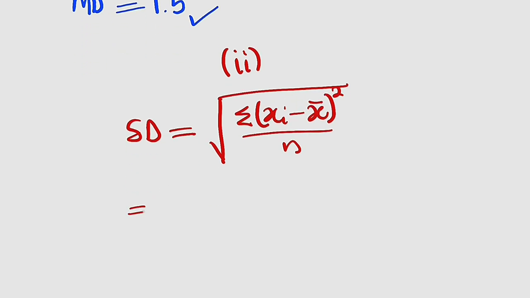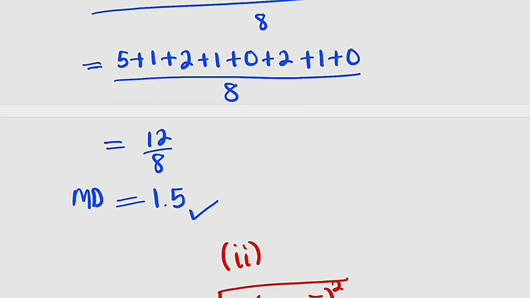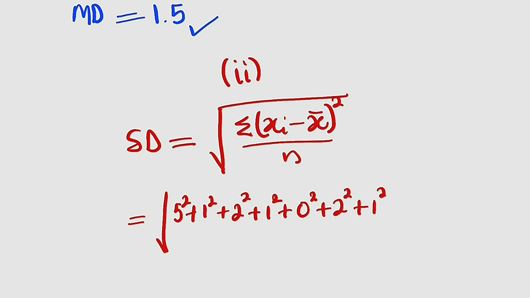So this is equal to the square root of the first one squared, that is 5 squared, plus 1 squared, plus 2 squared, plus 1 squared, plus 0 squared, plus 2 squared, plus 1 squared, plus 0 squared.